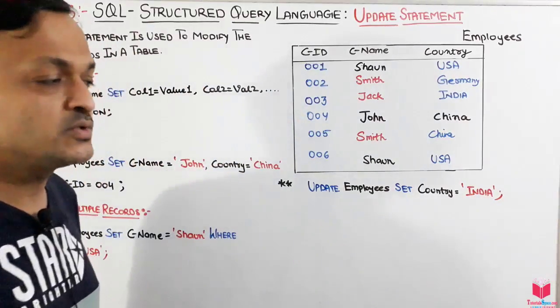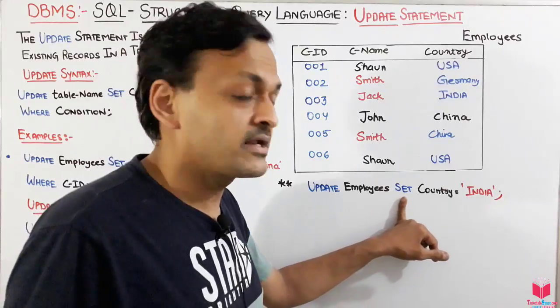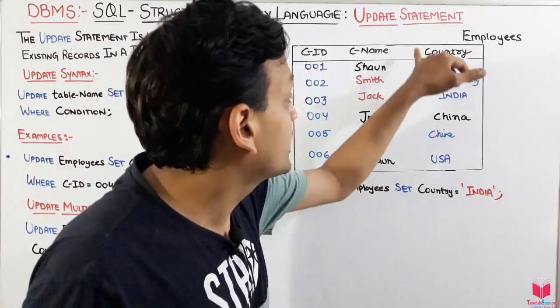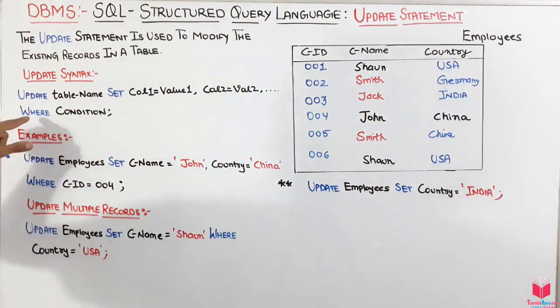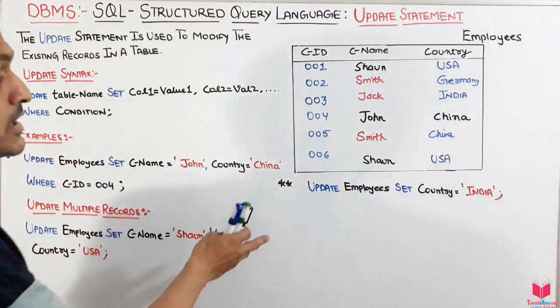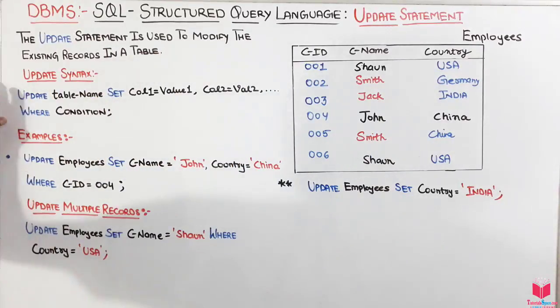This query says you have to update the employees table, set the country column equal to India, but there is no WHERE condition. Sometimes students think it is wrong syntax because as per the syntax there should be a WHERE condition. No, it is not compulsory.